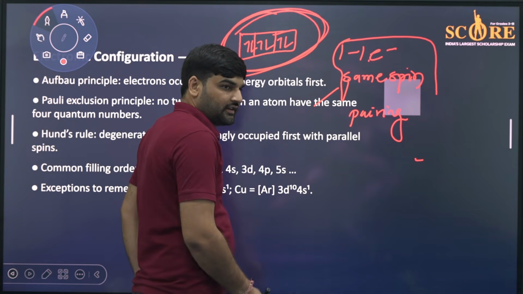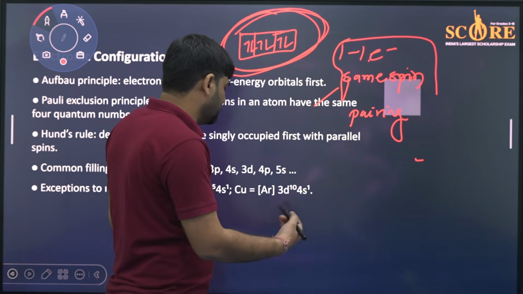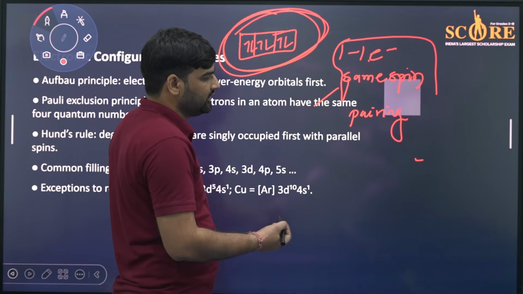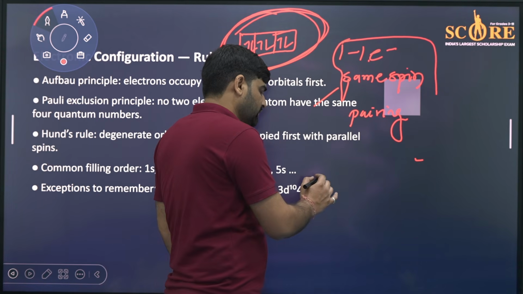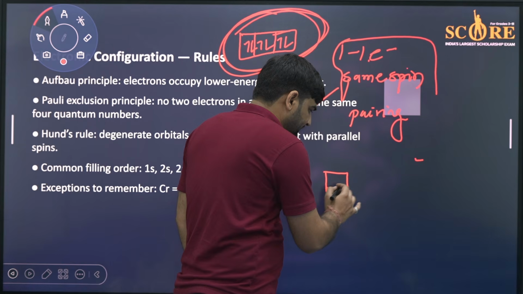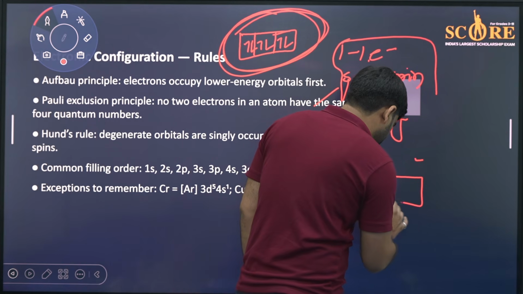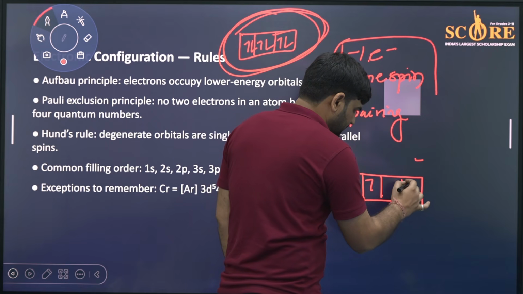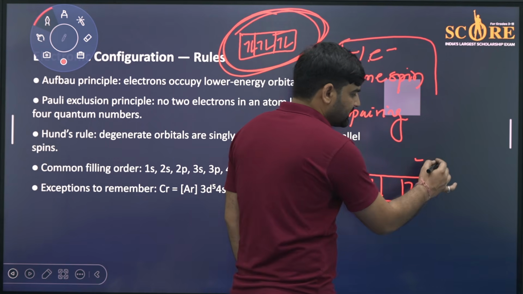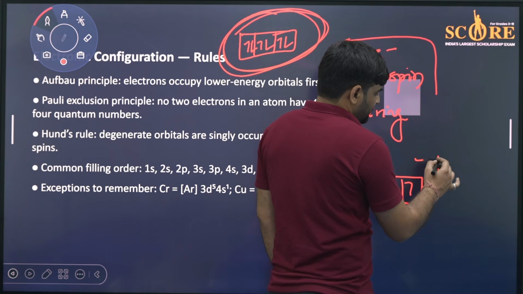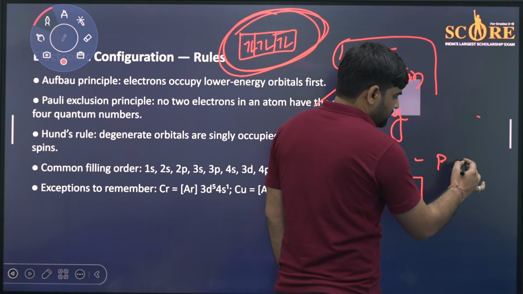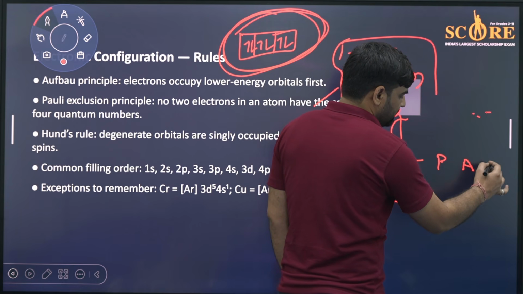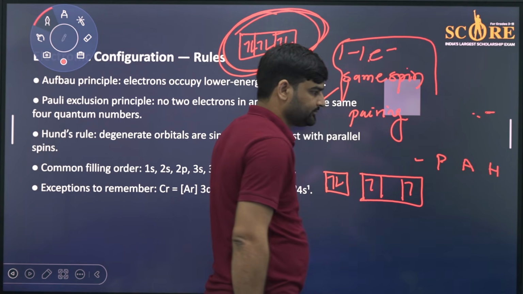Some examples are there and I want to ask where which rule is followed or not followed. I have some simple examples like this. I want to ask for the Pauli principle, Aufbau principle and Hund's principle.